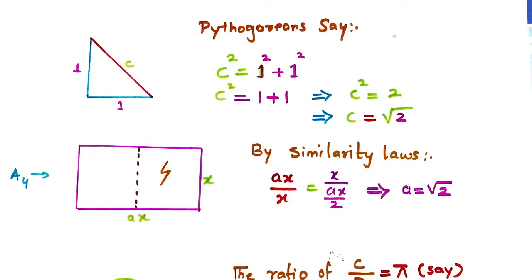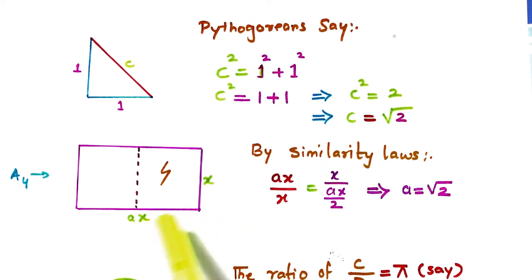Another example that we have here, if we take an A4 size paper, and by similarity law that we have, if the side of the rectangle, for example, I've taken over here ax, and the breadth is equal to x.